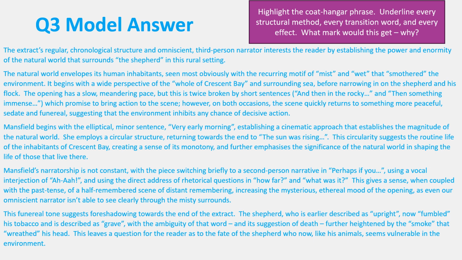Then, in a different colour, underline every transition word: things like suggesting, creating, imbuing, invoking, echoing, mirroring, furthering, heightening. Then highlight every single effect. And then ask yourself, is this a good answer? What mark do you think this would get?